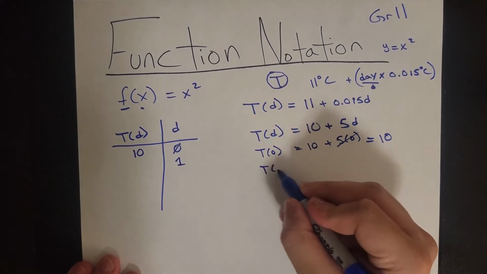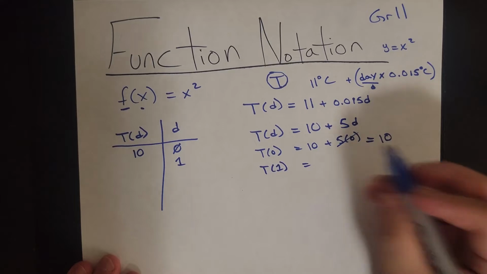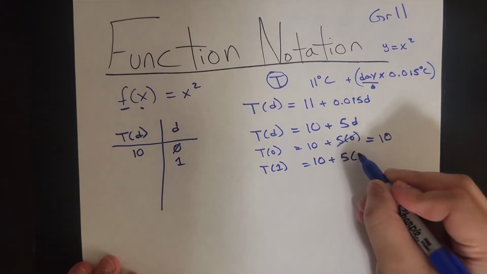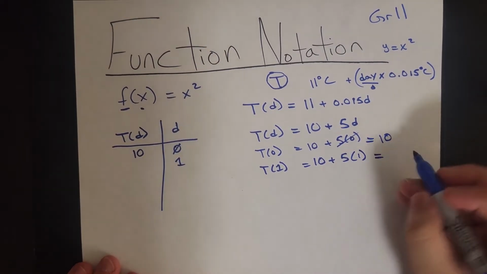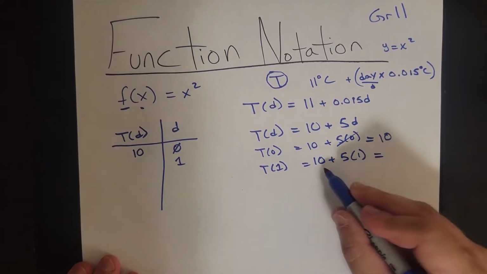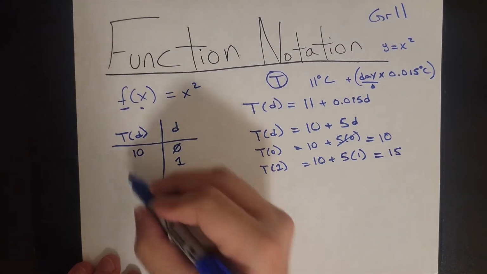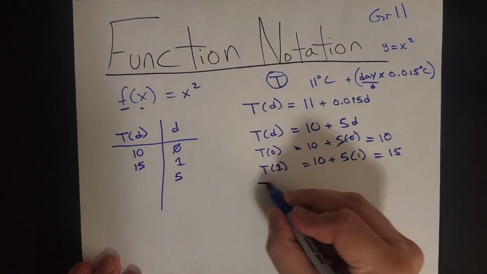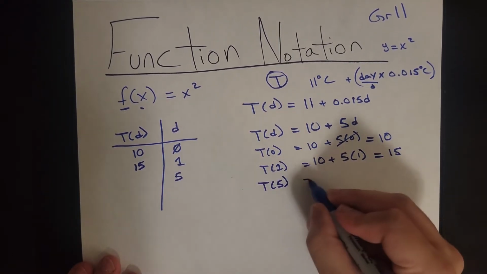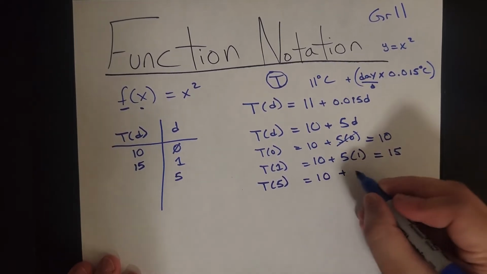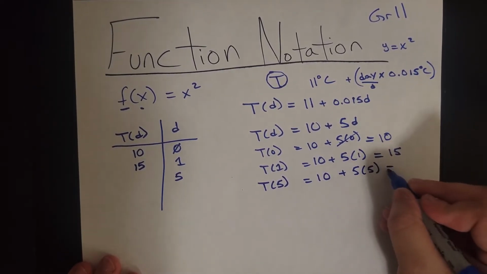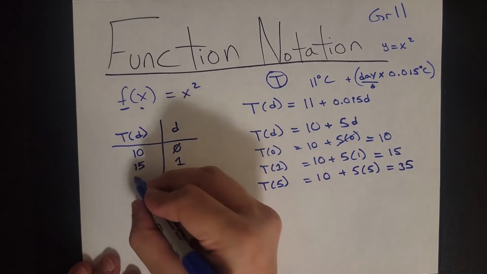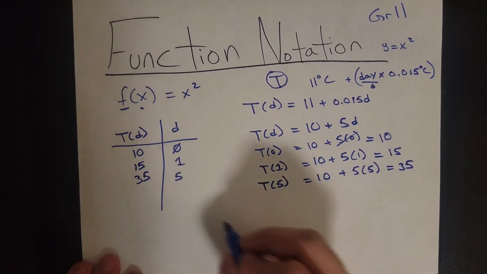And now we have 10 plus 1 times 5 is 5 plus 10 is 15. And we can keep doing this. We can put a 5 here. T of 5 is equal to 10 plus 5 times 5 is 25 plus 10 is 35. And we can even map that out.